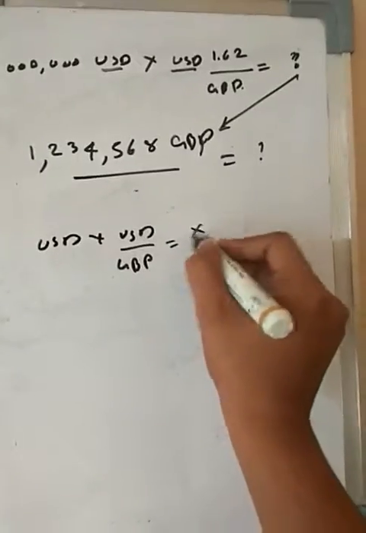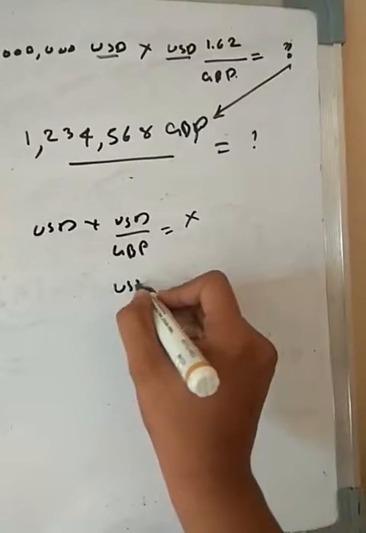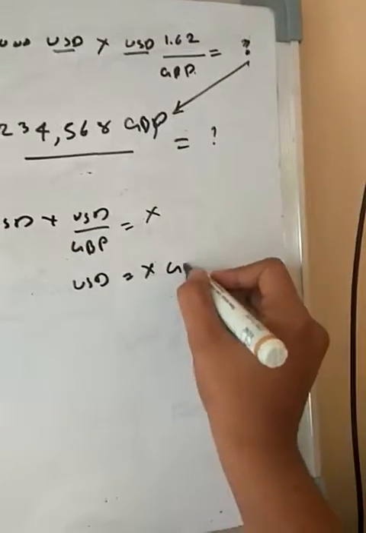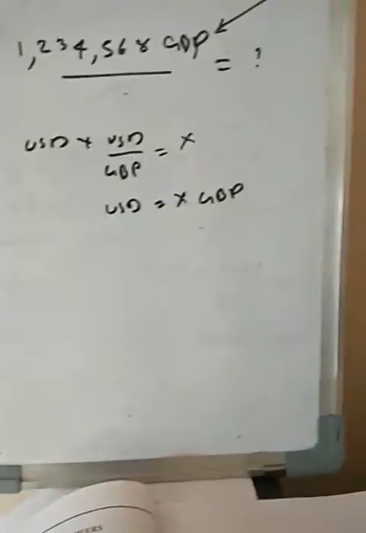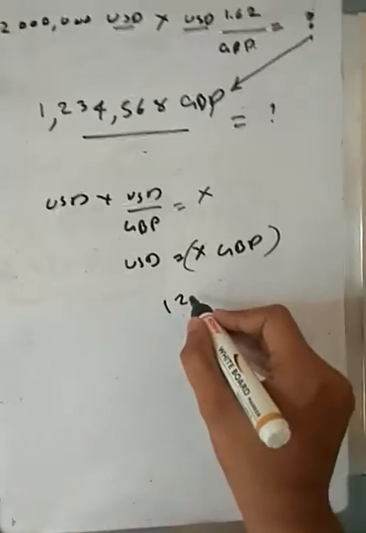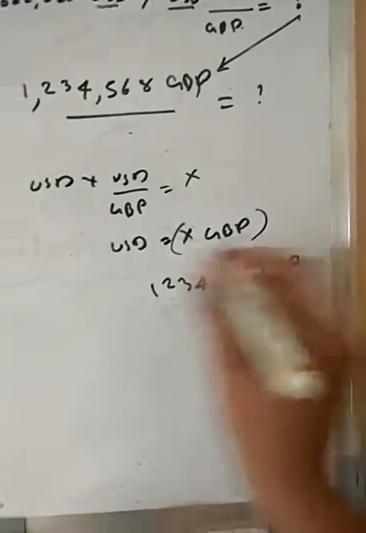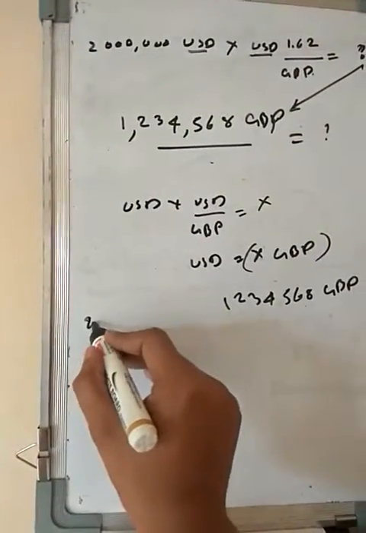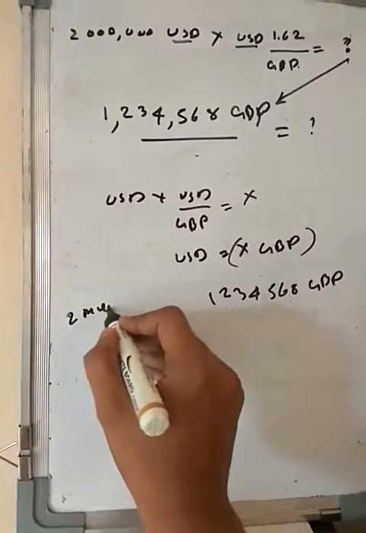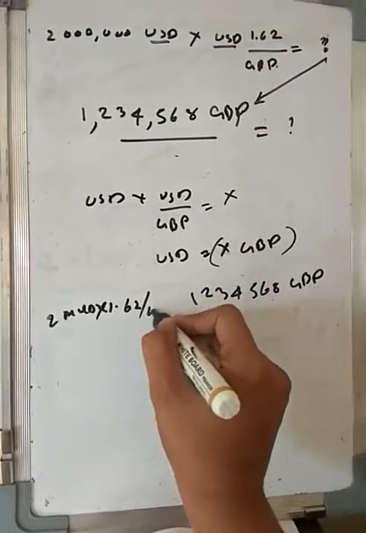We got some X variable. Now this X variable: USD is equal to X GBP. Right? Because the GBP will cross go. So this X GBP is equal to 1,234,568 GBP for 2 million USD at 1.62 per GBP.